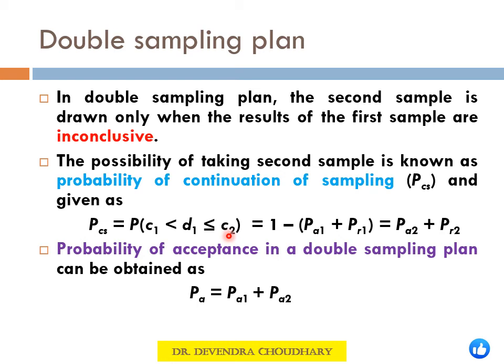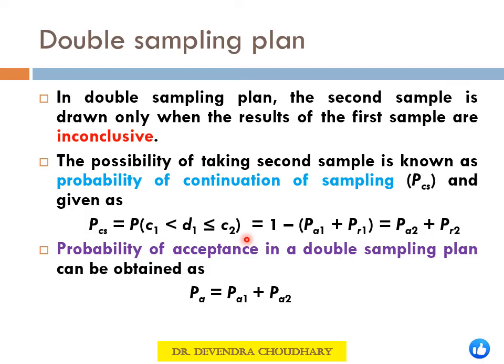So in such a situation, we need to take a second sample, and the probability of this situation gives us the probability of continuation of sampling. That is, after taking the first sample, what is the possibility that we have to take a second sample. So in order to determine this probability, we should find the probability of all such events.